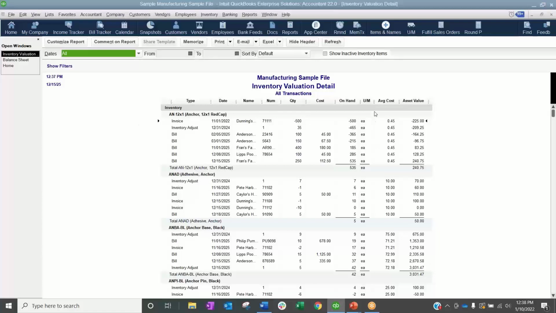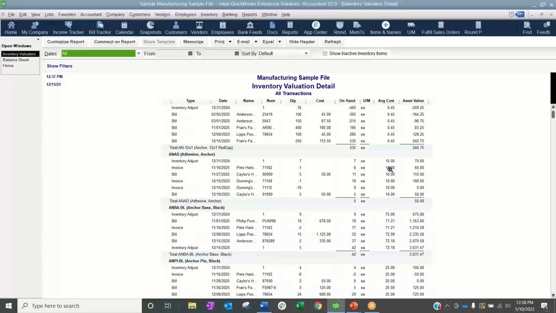But what we're looking at on here is the average cost and fluctuations in average cost. The most common fluctuation problem that we see is unit of measure issues. Instead of putting it by each, they receive in 17 bushels of it or boxes of it or whatever, but they put in the price of the each, and it drives the cost way low.